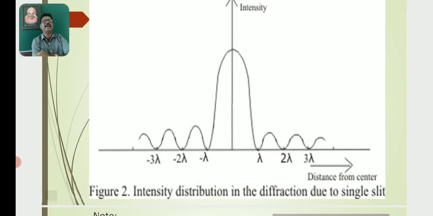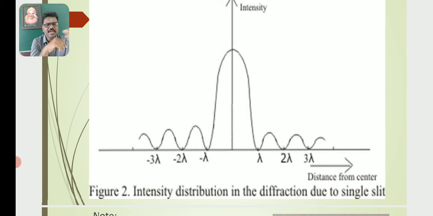So this is the diagram, the graphical representation of intensity versus distance from the center, where the middle of the graph indicates the intensity of the primary maximum. Then secondary maxima and secondary minima are formed on either side of the central primary maximum.